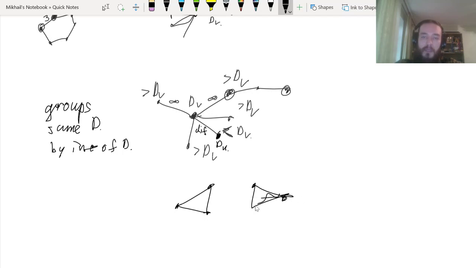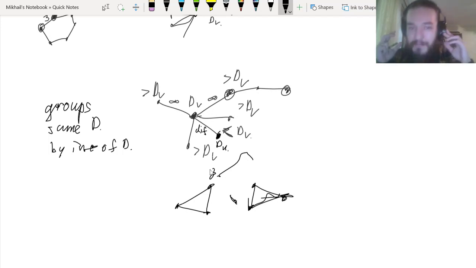So there are some edges, and my pen misbehaves again. I still haven't fixed it. I know what to do. Let me try to fix my pen before I go forward.